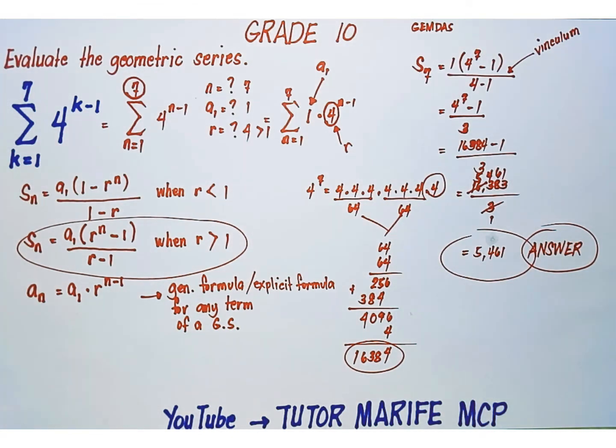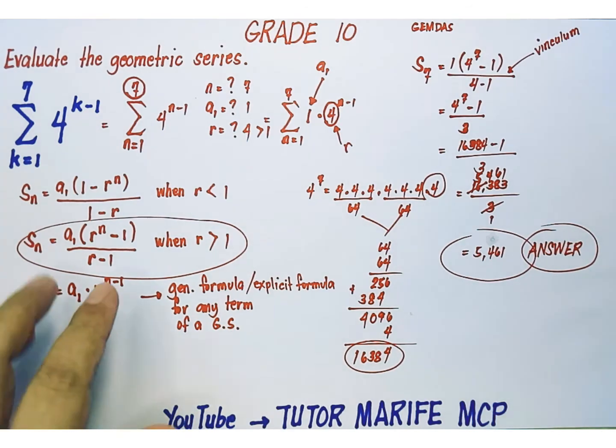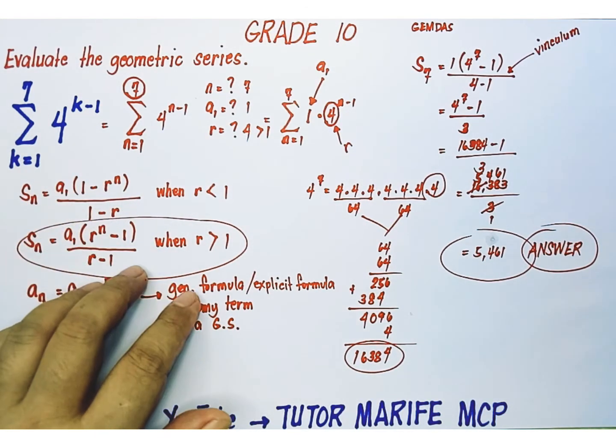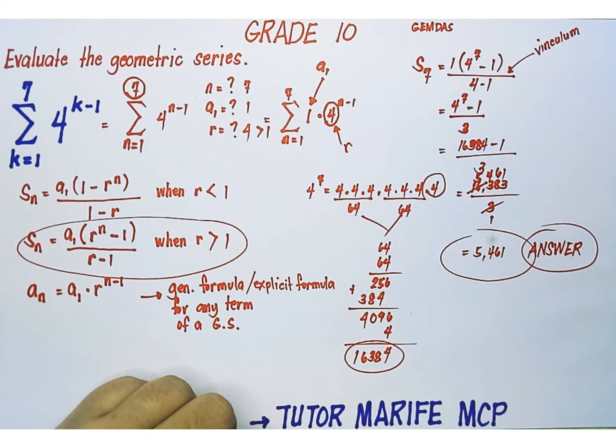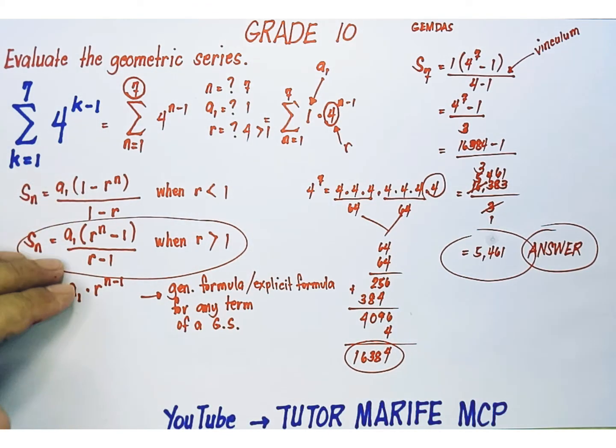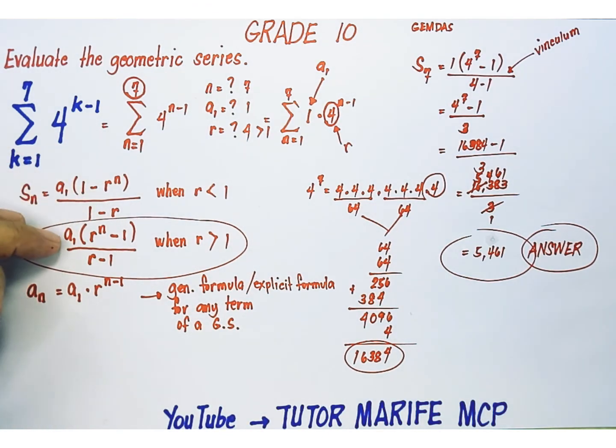So, compared sa video na nag-solve na tayo ng geometric sum, this time, sa video na ito, ay ginawa natin ang selecting of formula. So, yun yung naidagdag. Try nyo ring idagdag sa kaalaman ninyo.